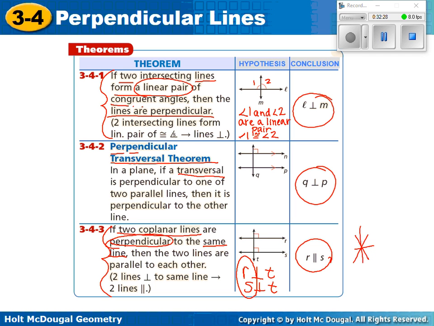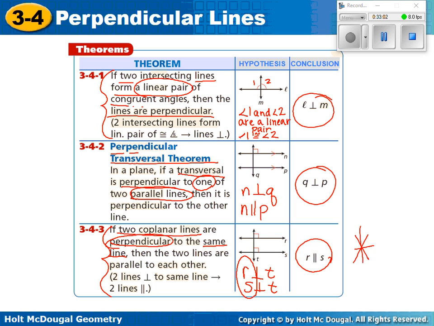If a transversal, hence the name, is perpendicular, hence the name. If a transversal is perpendicular to one of two parallel lines. So if you look at the picture, you're going to have two things in your proof. N is perpendicular to Q. So we have the transversal perpendicular to one line, and N is parallel to P. The two lines are parallel.